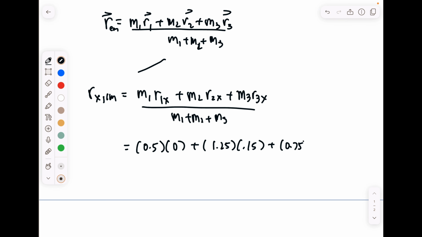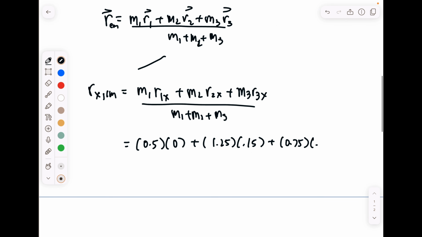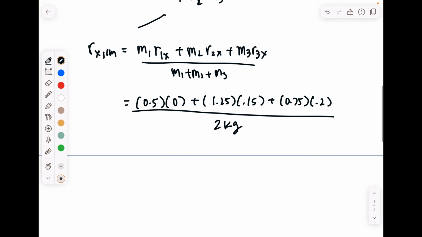And then the final mass, that gives us 2 kilogram total. So the x coordinate of the center of mass is going to be, okay, 0.17-ish.